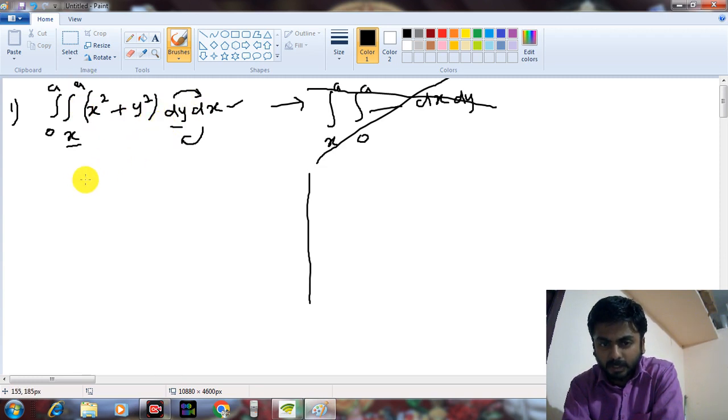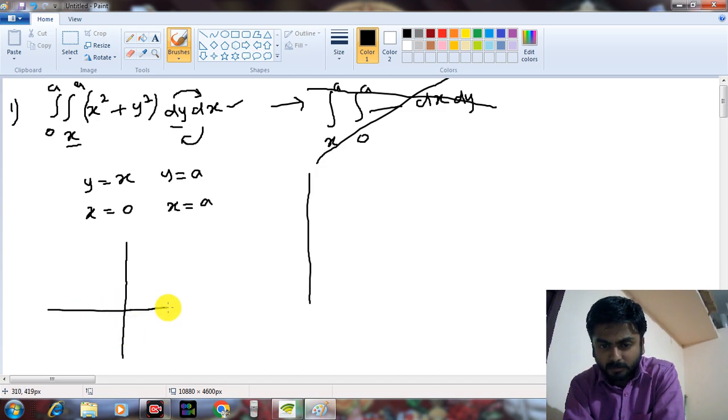That is, I am considering y equal to x as one limit and y equal to a as another limit, and also x equal to 0 as one limit and x equal to a as another limit. So now we have to choose where this region will exist.